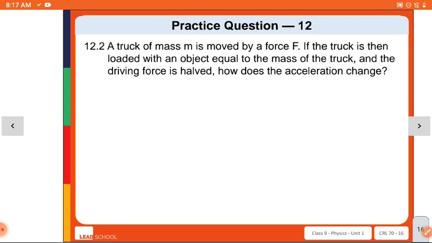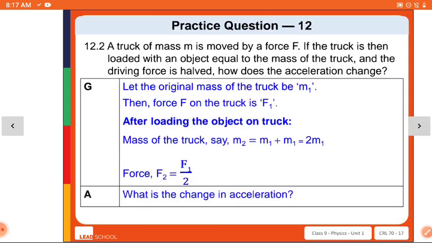So students, practice question number 12.2: a truck of some mass is moved by a force. If the truck is then loaded so that its mass becomes double and the driving force is halved, how does the acceleration change? We calculate using the formulas.